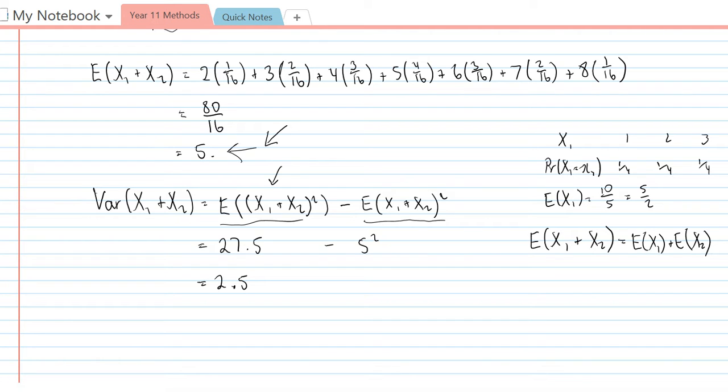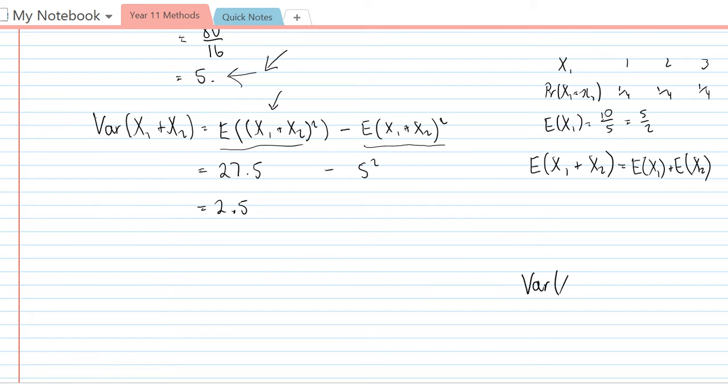The variance, on the other hand, now, you're going to just have to take my word that the variance of x1, which is equal to the variance of x2, is going to be 1.25. Okay, you can very easily confirm that for yourself. However, we can see then that this number here is just going to be the variance of x1 plus the variance of x2.